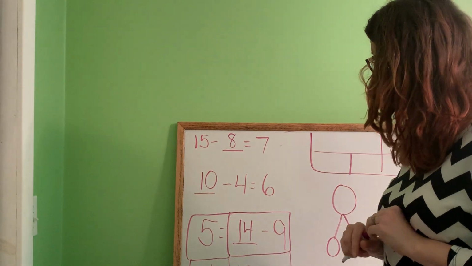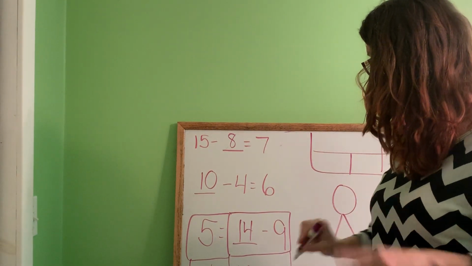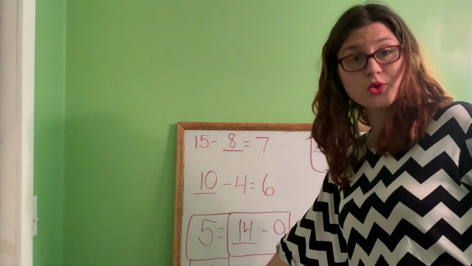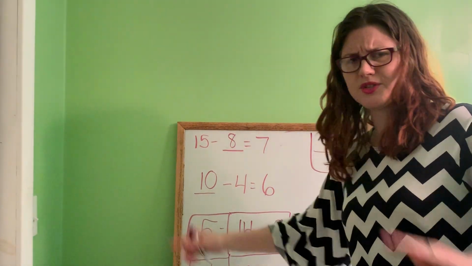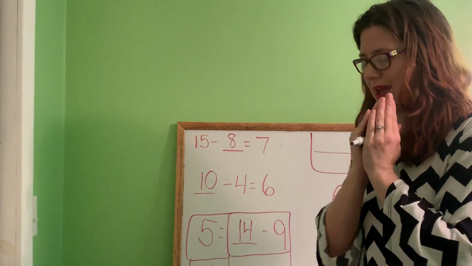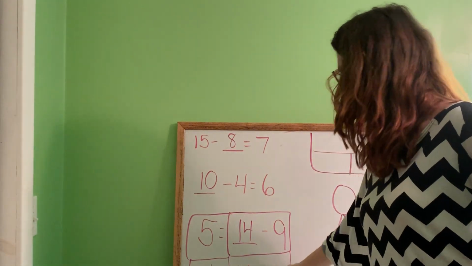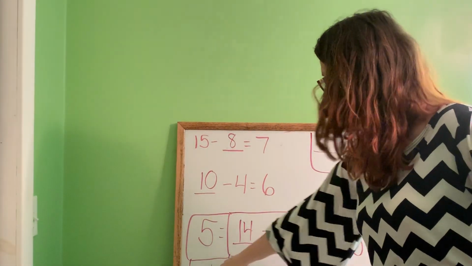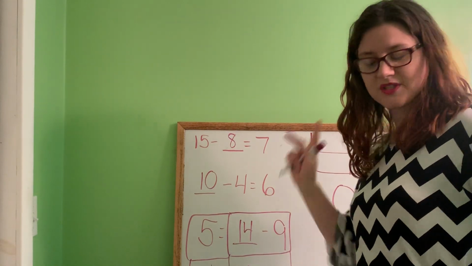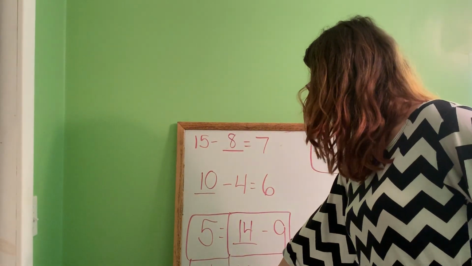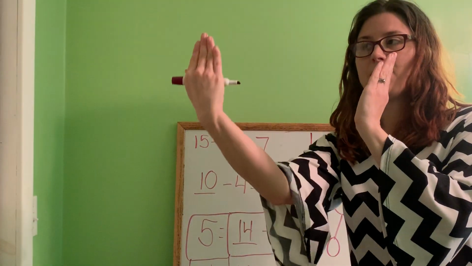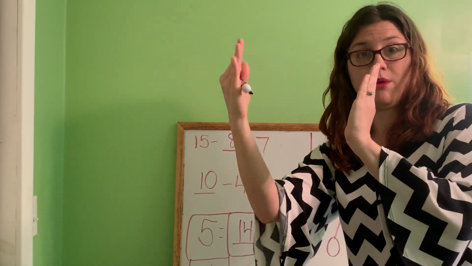So let's go back to food for this one. So let's say that I made 12 total cupcakes. Some of them were chocolate and 4 were vanilla. So listen again. I made 12 total cupcakes. Some of them were chocolate. See, that's a small part.